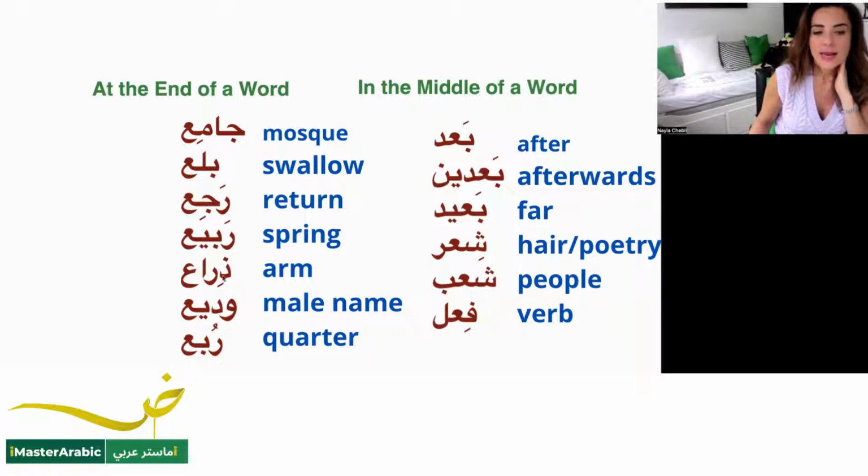Next one. Arm. ذراع. You hear how there's an alif and then an ayn. ذراع.